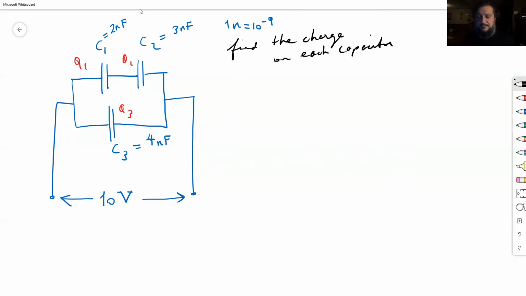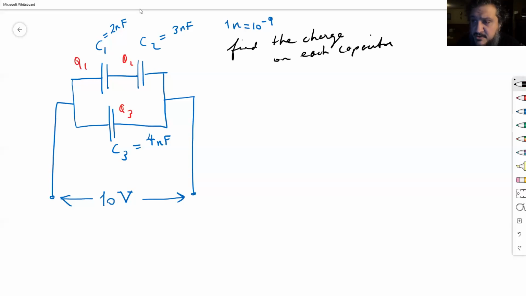This is our problem. The first thing you should do for this problem, and many like this one, is to find the equivalent capacitance. So you replace this system with just a single capacitor and apply 10 volts to its terminals. Can you obtain the same charge?